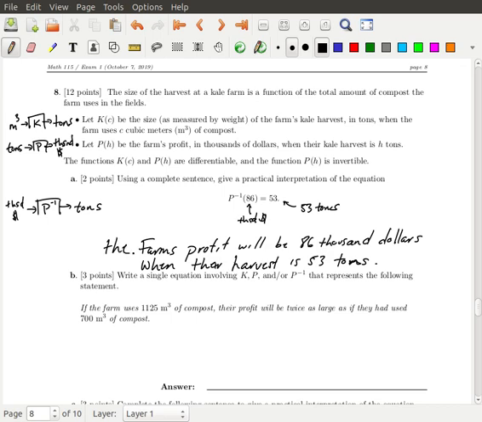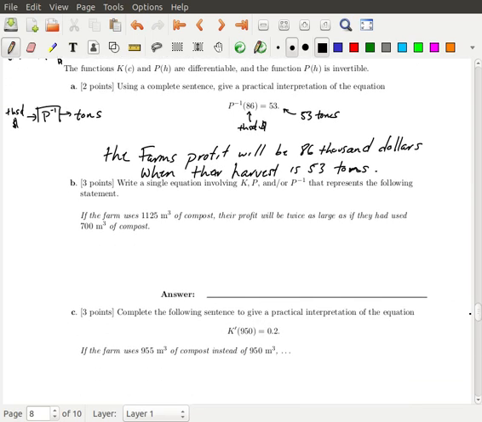So really, once we know the units, it's just about thinking again, what exactly is the situation we're in? We're talking about tons of kale harvest, we're talking about profit of thousands of dollars, and then just turning that into a nice and neat sentence.